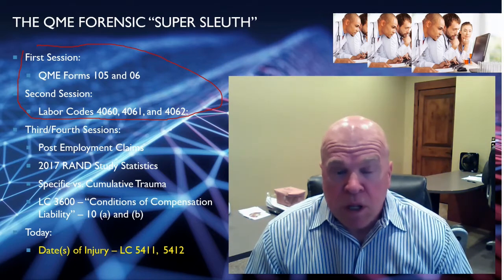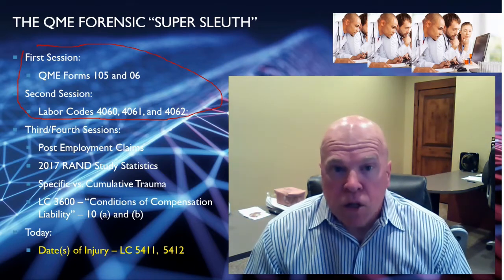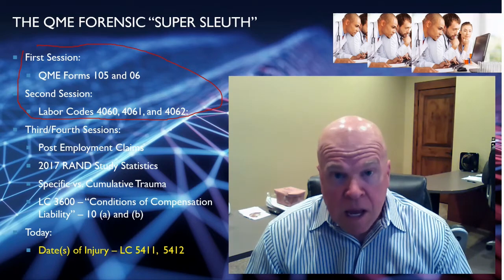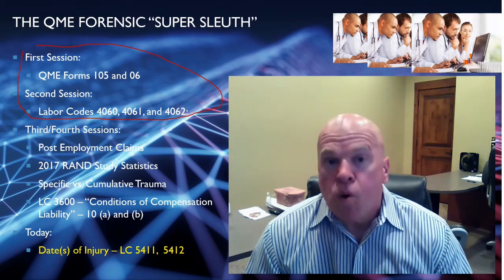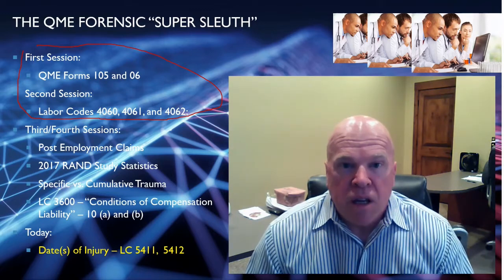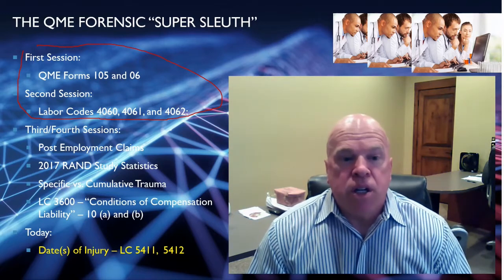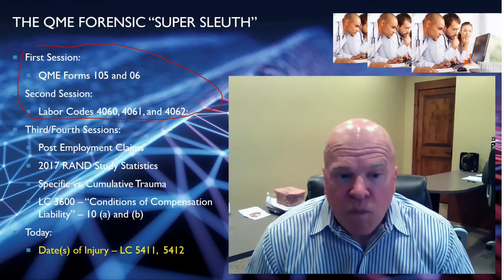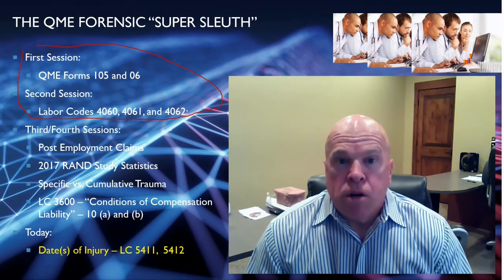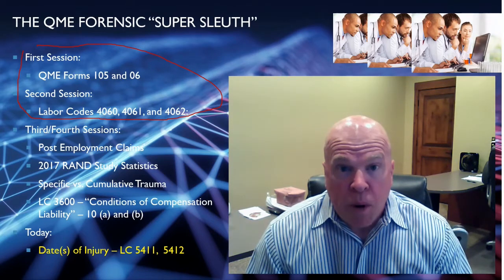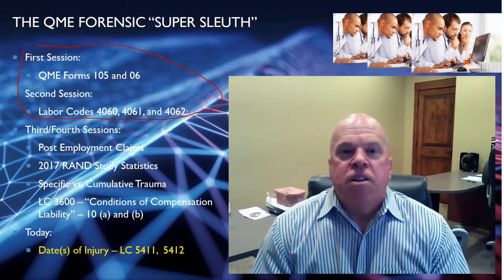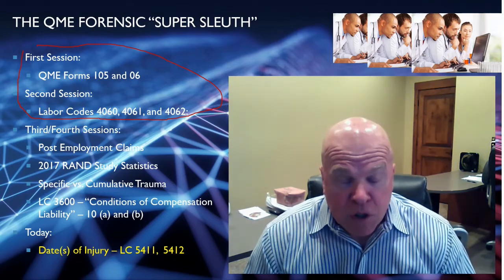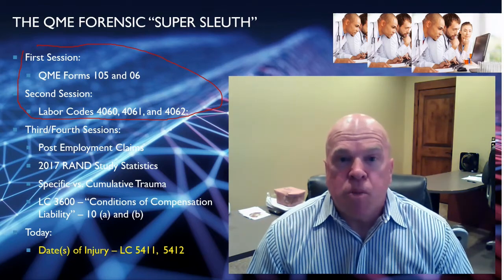There are only 3 labor codes that govern the entire QME process, so if you can understand each of these labor codes, you'll understand what your role is during the evaluation between you and your examinee. So those are facts and details that the parties don't provide us, that it's incumbent upon us to discover for ourselves. So that was session number 1 and session number 2.